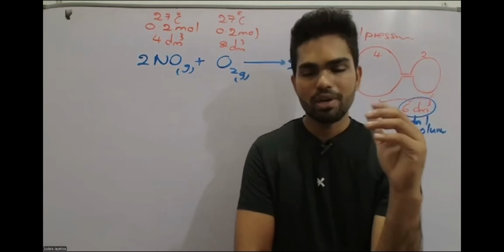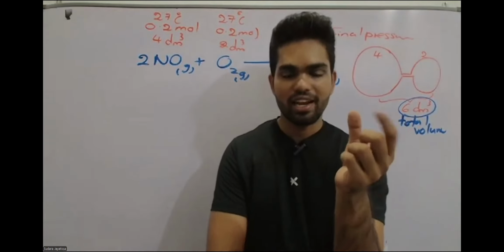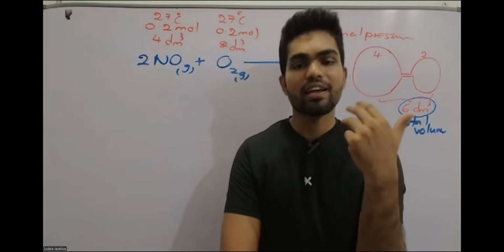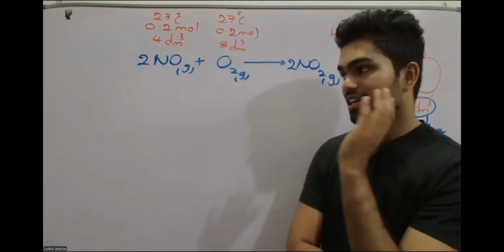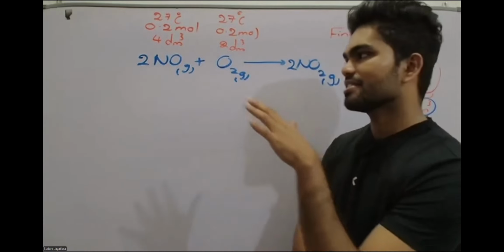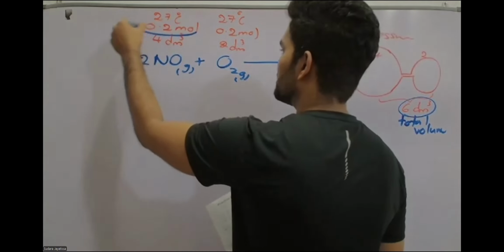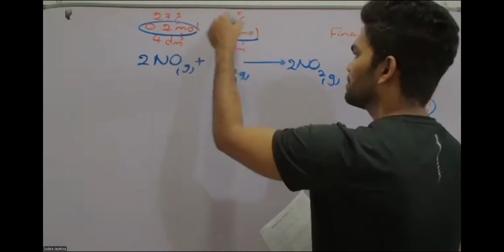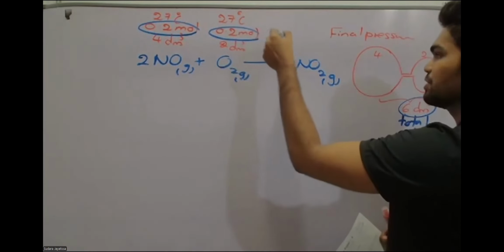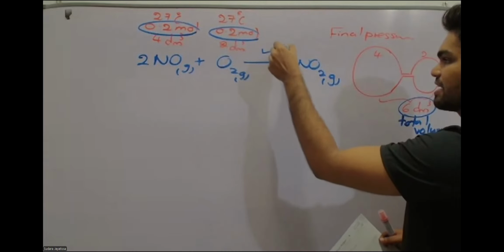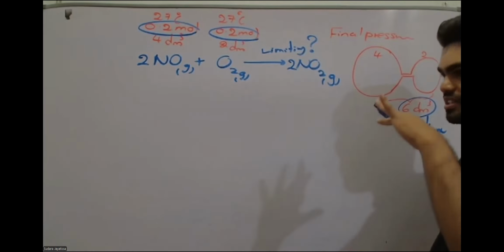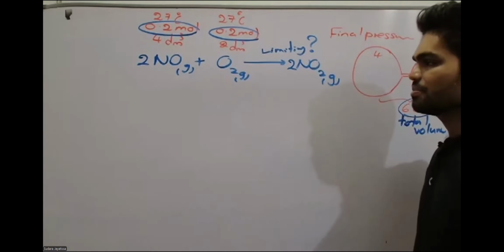There you are given data about only 1 reactant, and if there is another reactant, they say it is added in excess. But here they haven't told you anything regarding excess. They just tell you we have NO 0.2 moles and we have O2 0.2. That means we need to find the limiting reactant, because the limiting reactant is the reactant that stops the reaction at some point.